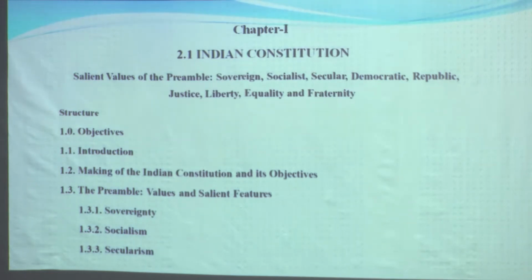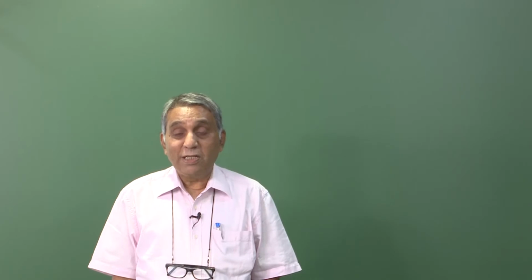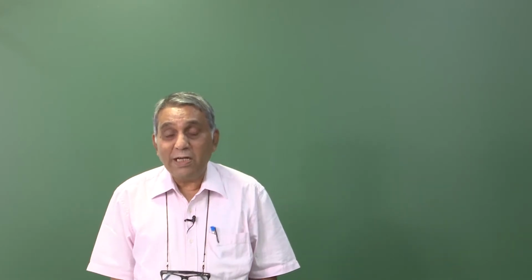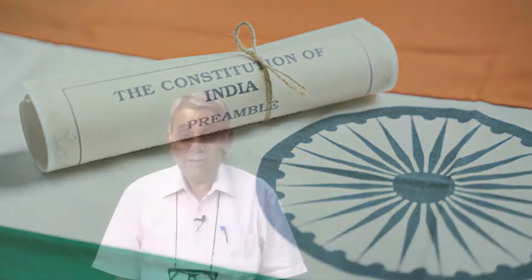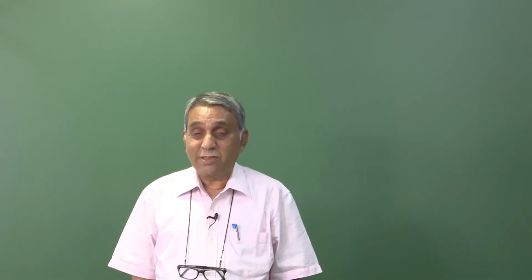This is the title of chapter 1, about the Indian Constitution, or to be more specific, the ethical values on which the Indian Constitution is designed, is practiced and has been legally documented. So, essentially I am going to introduce to you the first chapter in this class.